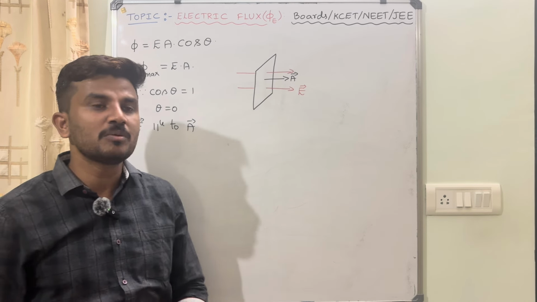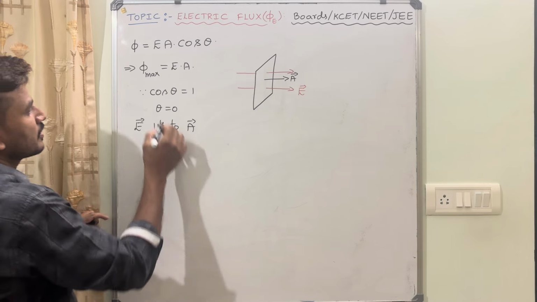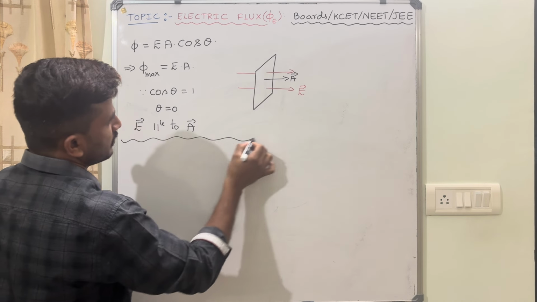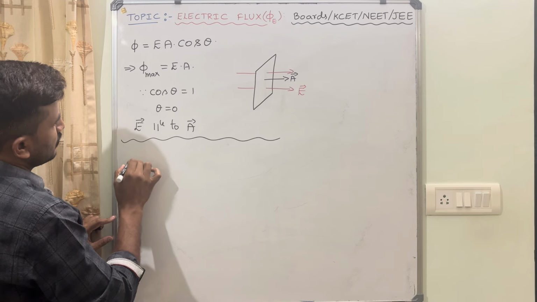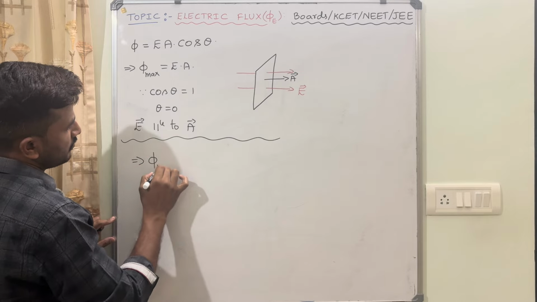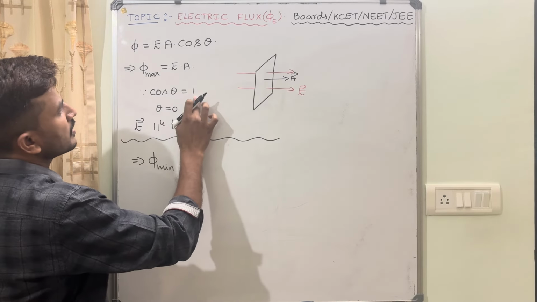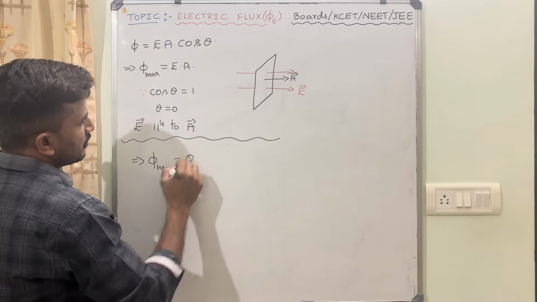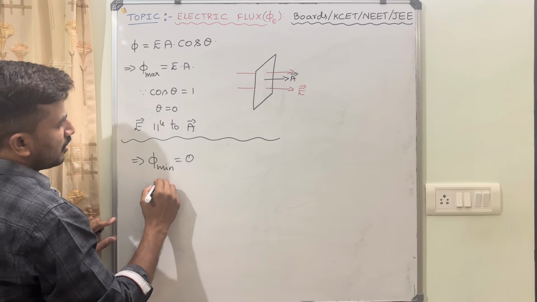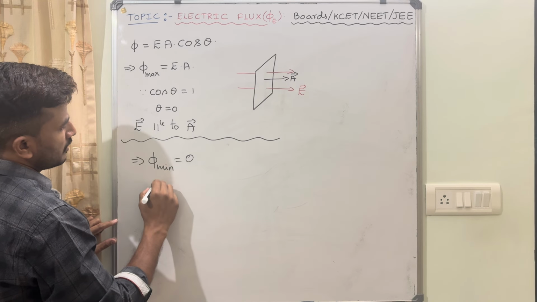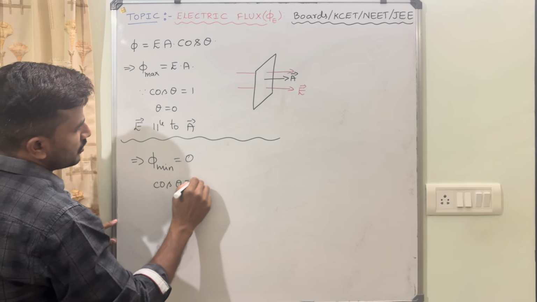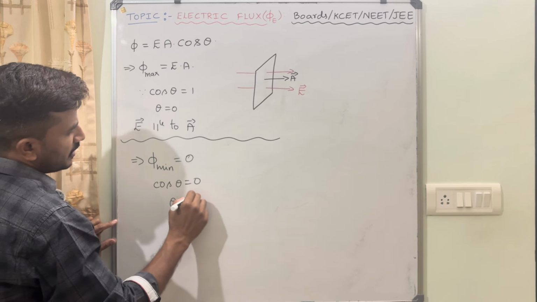So when do we get minimum electric flux? Flux will be minimum when phi is equal to 0, which you will get when cos theta is equal to 0 or theta is equal to 90 degree.